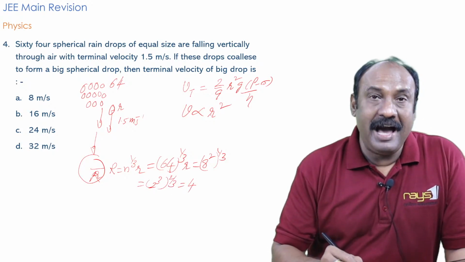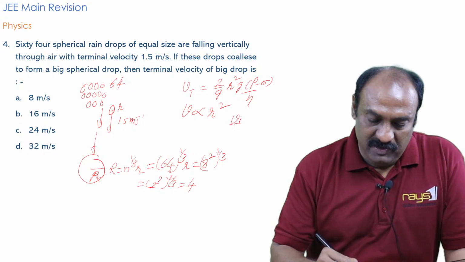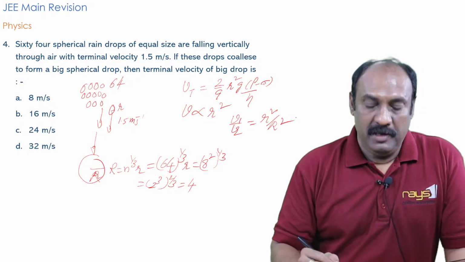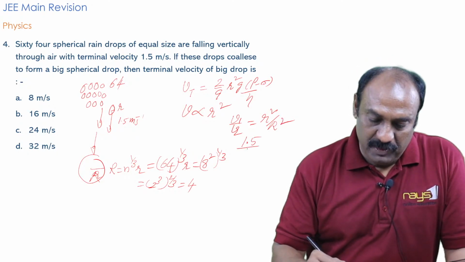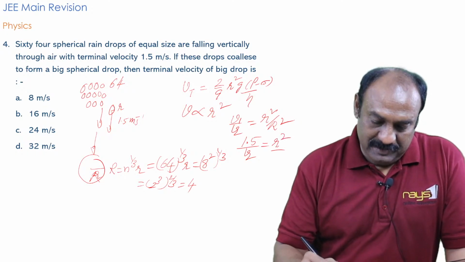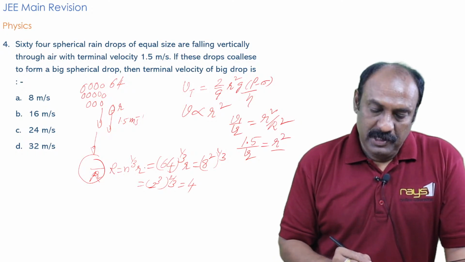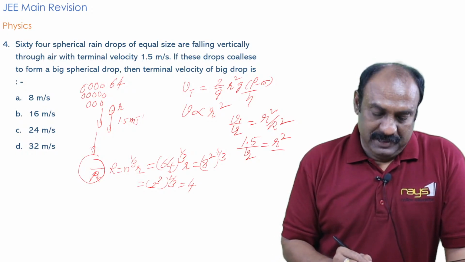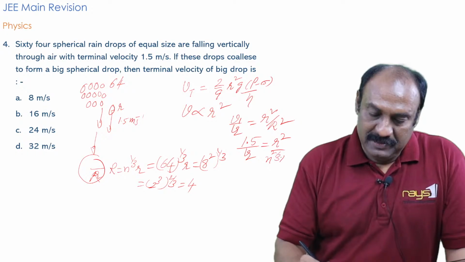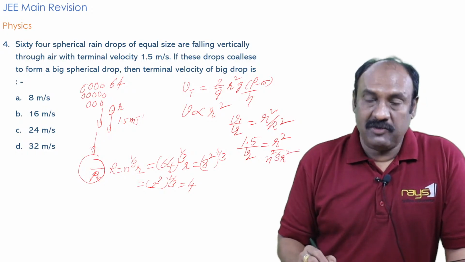Therefore, V is directly proportional to r square, which means V1 by V2 equals r square by capital R square. V1 is given as 1.5, so 1.5 by V2 is equal to r square by n to the power 2 by 3 into r whole square. So r square gets cancelled.